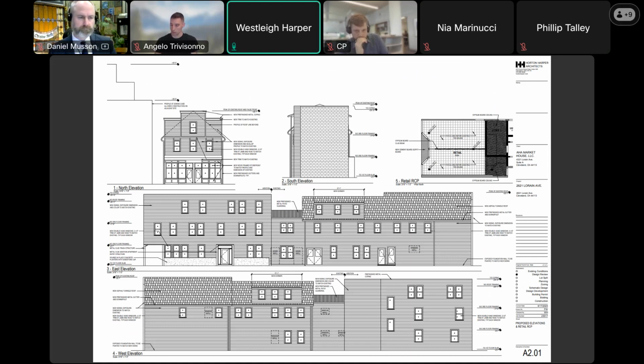On the western elevation, you can see we do have windows facing that property line to our west, and siding to match essentially everything else. Next.